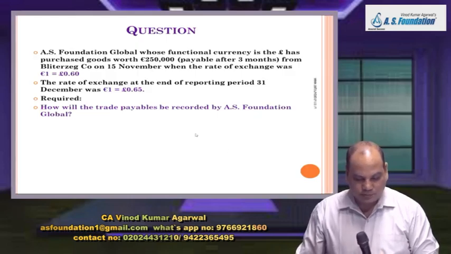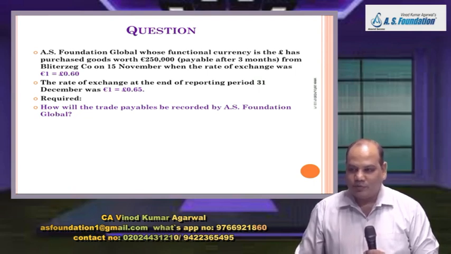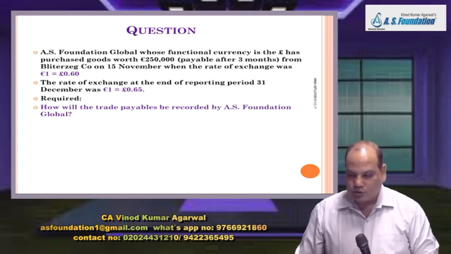Next question number 15. 95% answer I have printed. Only you have to try your luck for rate and amount. AS Foundation Global, whose functional currency is pound, has purchased goods worth 2,50,000 euro payable after 3 months from Blitterjag company on 15 November when the rate of exchange was euro 1 equal to 0.60 pound.